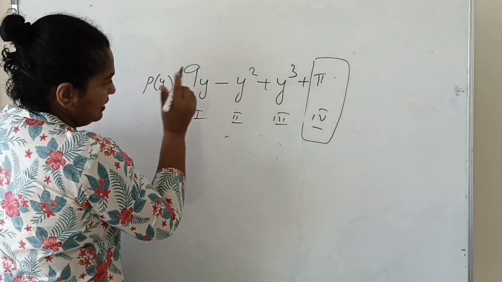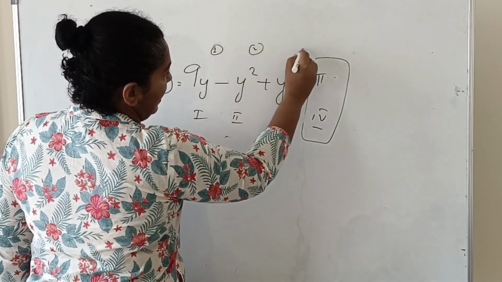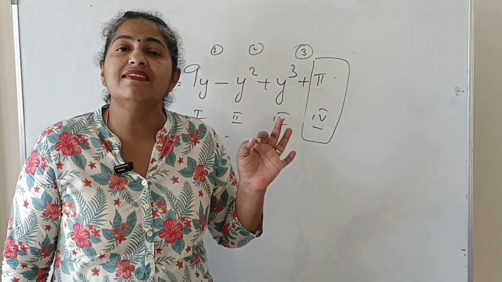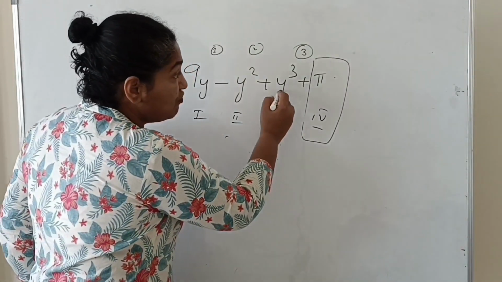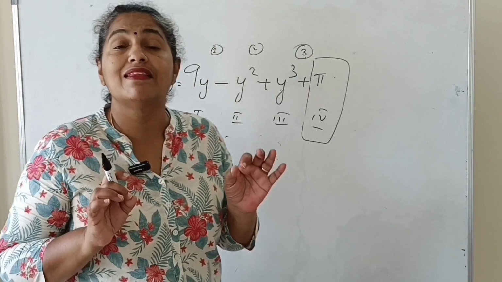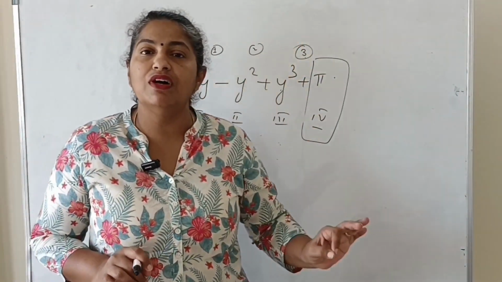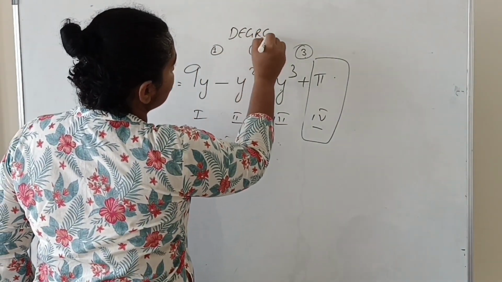The power of the variable in this one is 1. Here it is 2 and here it is 3. What is the largest power of the variable over here? You can see that y raised to 3 has the maximum power, which is plus 3. That power is called the degree of the polynomial.